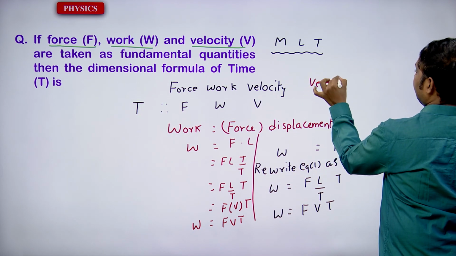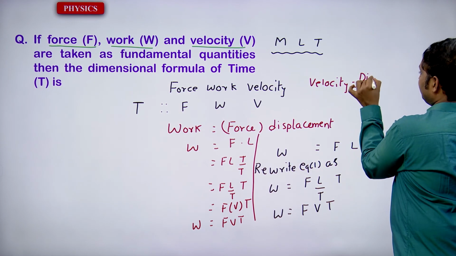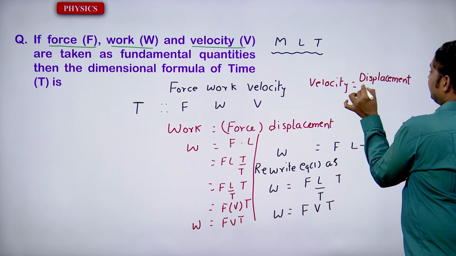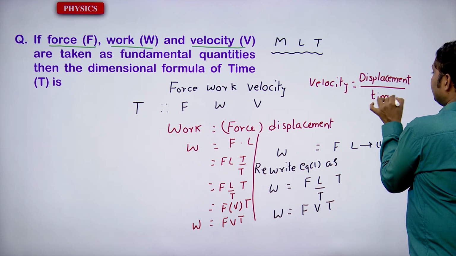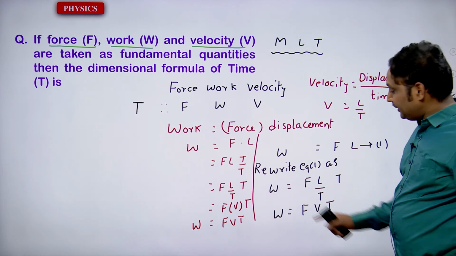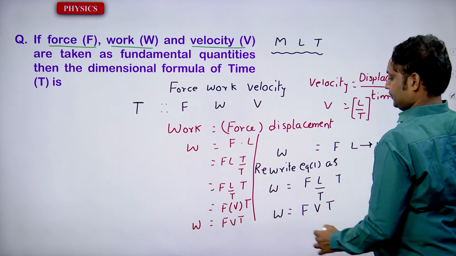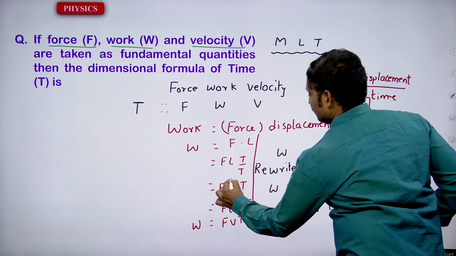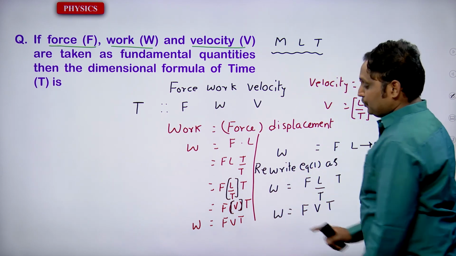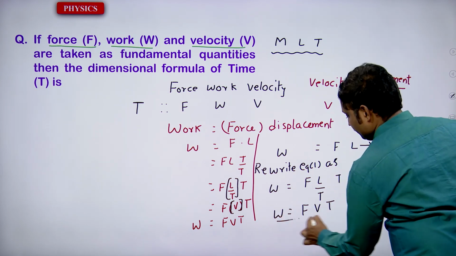Velocity is equal to displacement by time, just write this down. So V can be represented with that, and we have replaced it. If you want the dimensional formula for T, just write from this equation.